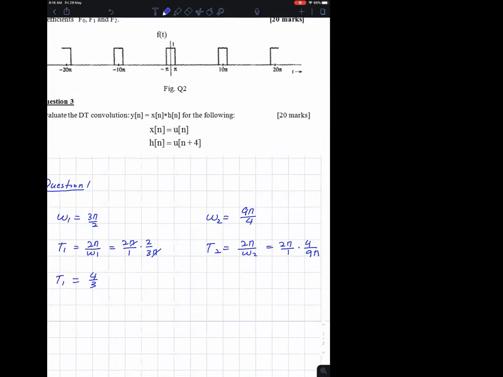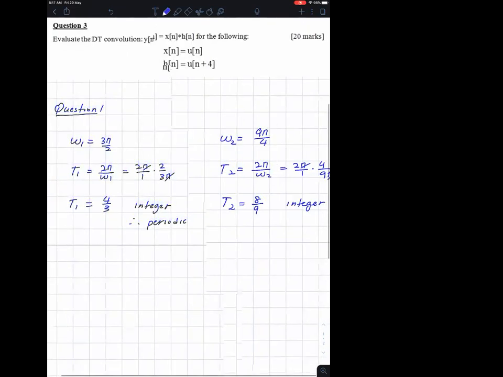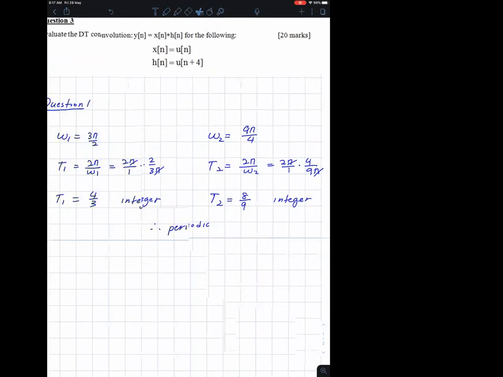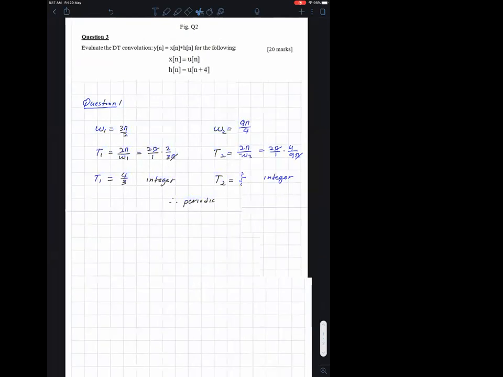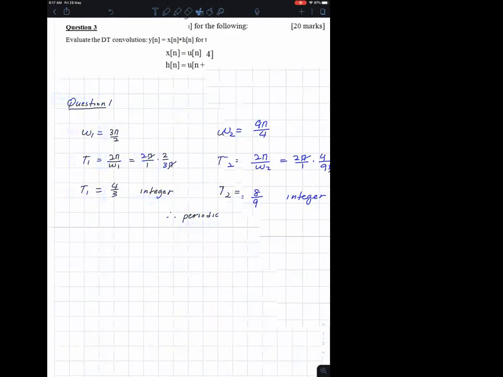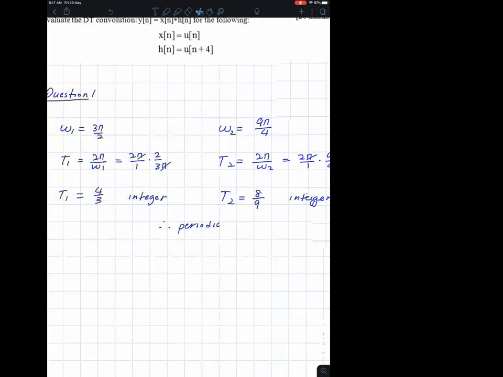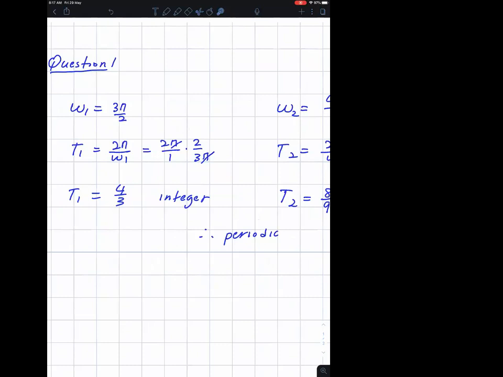The pi's cancel, so you're going to get T2 equal to 8/9. Then you have to conclude: the numerator is an integer, the denominator is also an integer, so it's a rational number.